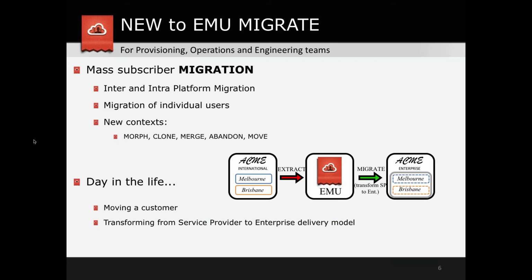So I think our next demonstration there, Michael, is just to show that now that we've removed London from that Acme company, we can then migrate the Melbourne and Brisbane offices so that they're sitting in the same enterprise and can share some of those functions.